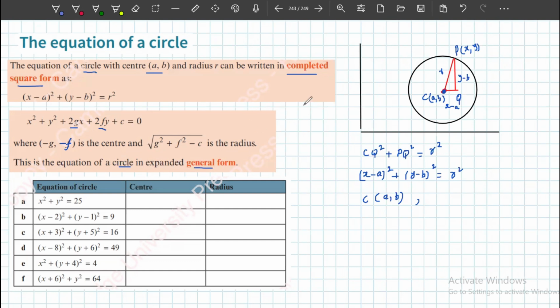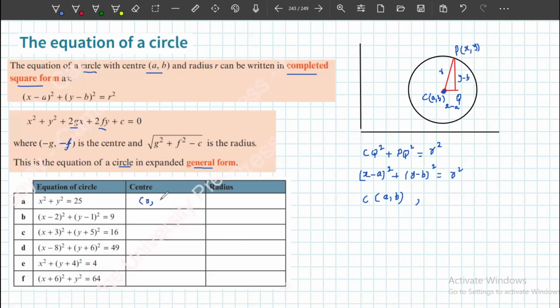As we said, the equation of a circle is x minus a whole squared plus y minus b whole squared equals r squared. With the help of that, let's see a few examples. Like x squared plus y squared, there is no a and b. It means it passes through the origin, so the center is 0, 0.